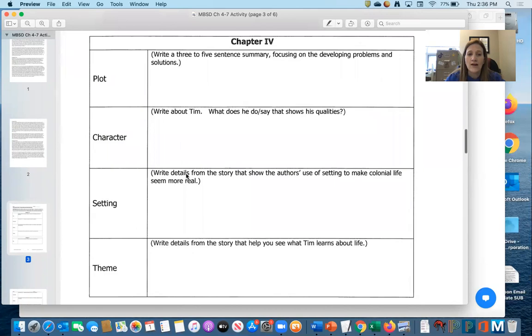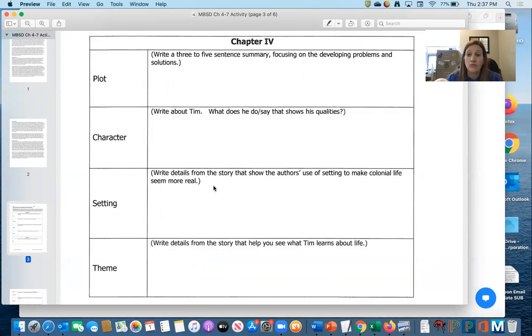Setting. Write details about the story that show the author's use of setting to make colonial life seem more real. So where does it take place during this chapter? They're in the tavern, then they're at somebody else's house, right? I'm not going to give all the details, but where Sam is sleeping.